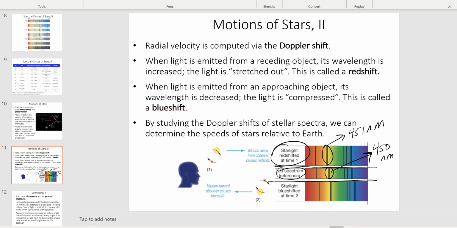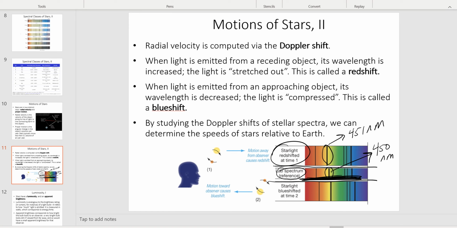Now, how can you tell that this isn't another atom? Well, the reason is because all of these lines here will be shifted by the same amount. So we look for a constant shift of all the spectral lines, and there's very many of them, in one direction. And it's exactly the same shift. Let's say in this case 1 nanometer.